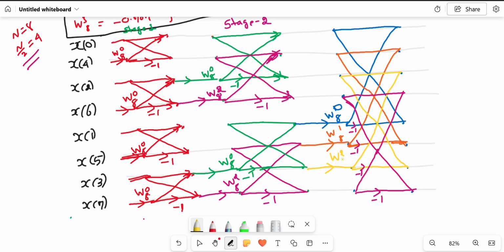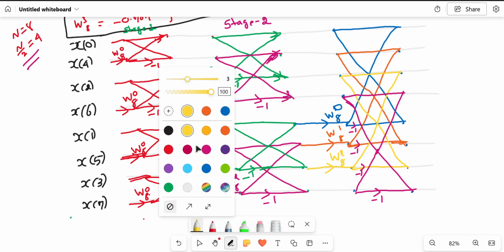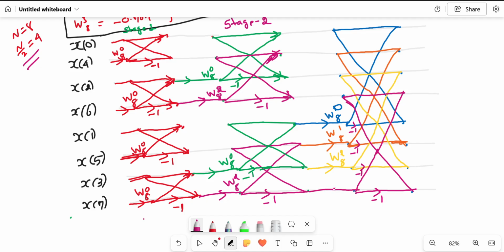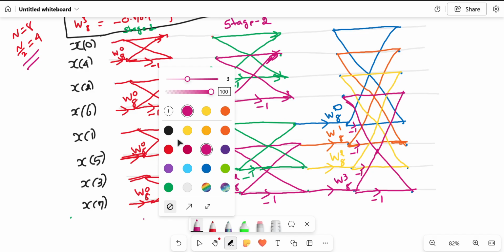W28 purple. This is W38. Okay. So now the output of this will be, which color I can choose?